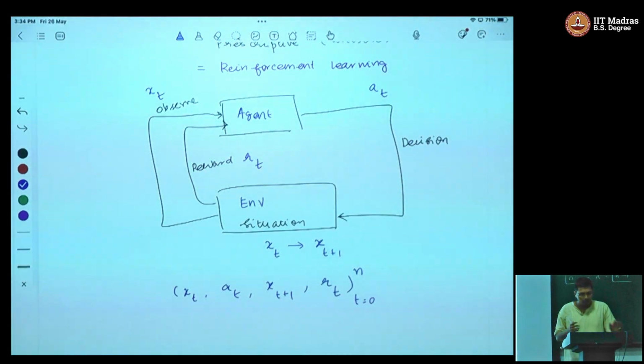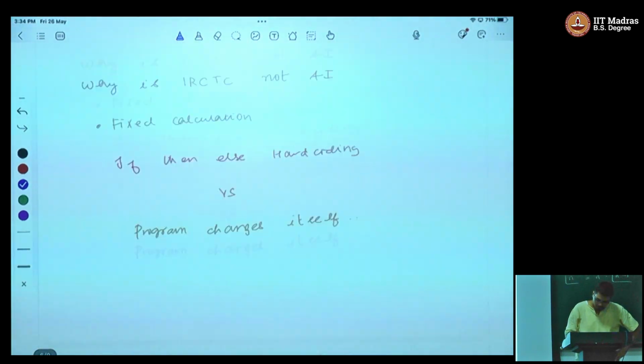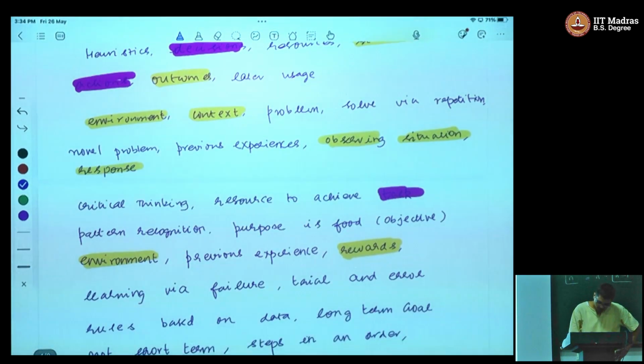Okay. So now, what are the challenges of reinforcement learning? As you can see, this is a prescriptive task. You really have to learn by trial and error. This previous experience is all from data.